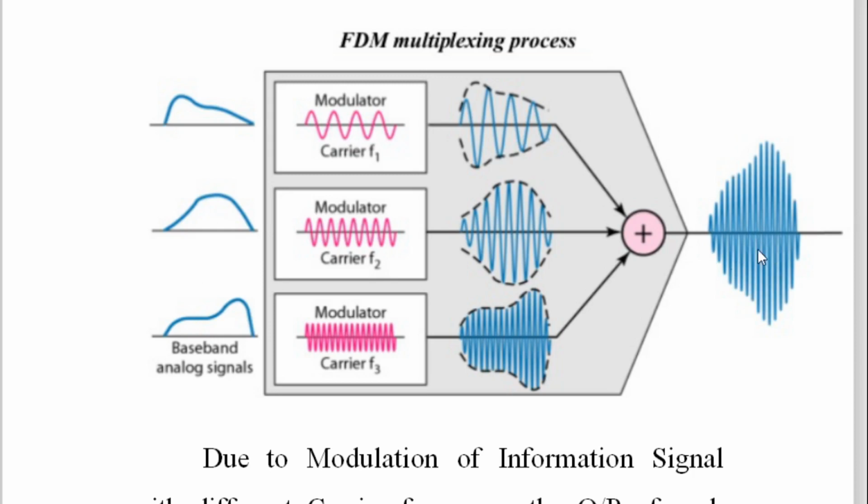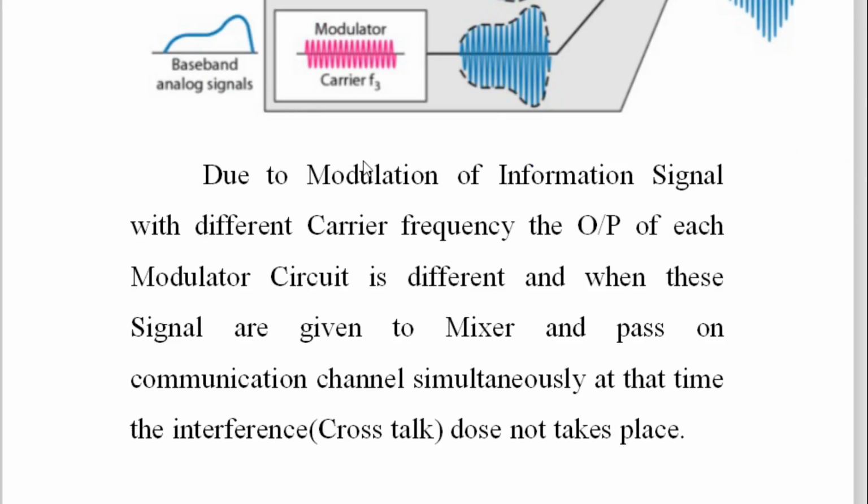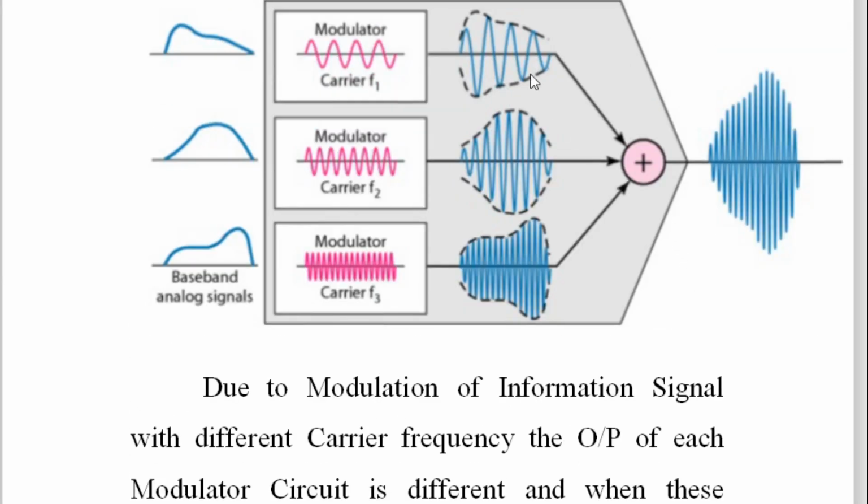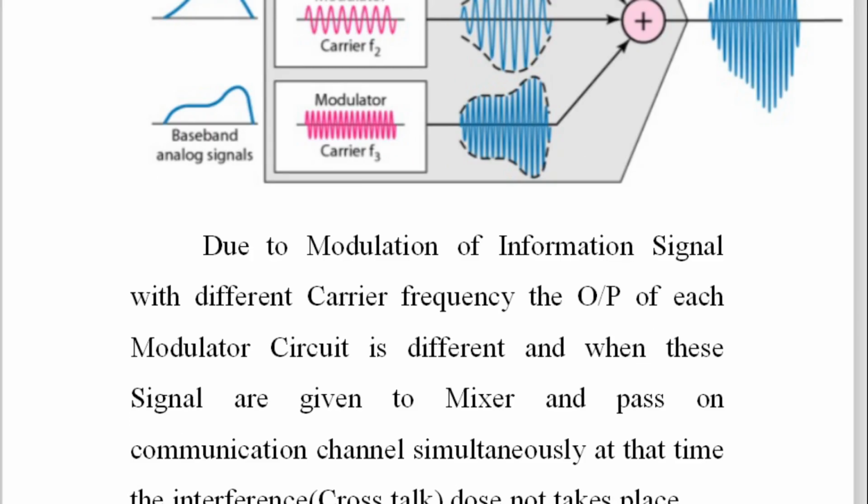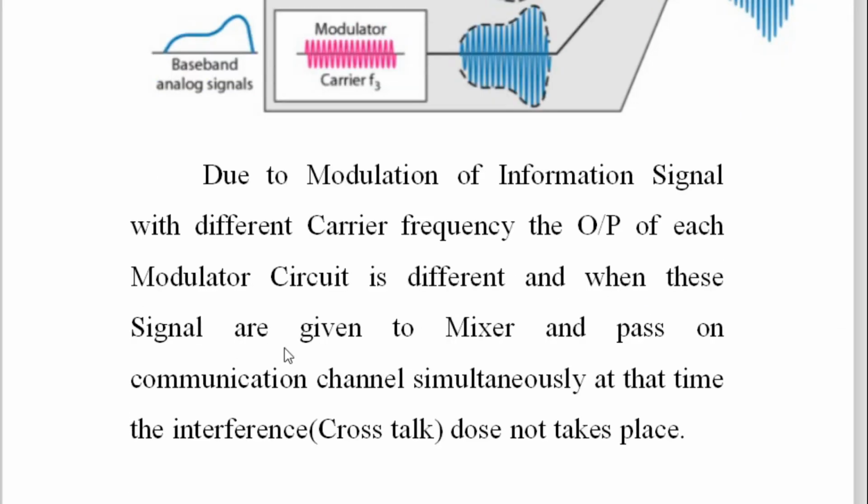Now, when this information signal goes to that side, what will happen? We'll see here. Due to modulation of information signals with different carrier frequencies, the output of each modulator circuit is different. When these signals are given to a mixer and passed on the communication channel simultaneously, interference, or crosstalk, does not take place.